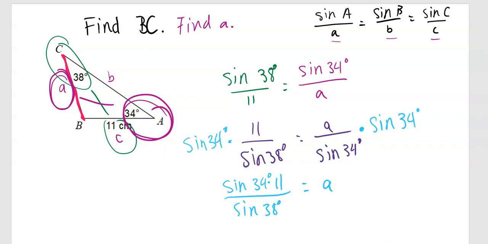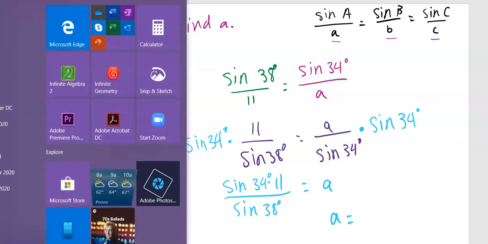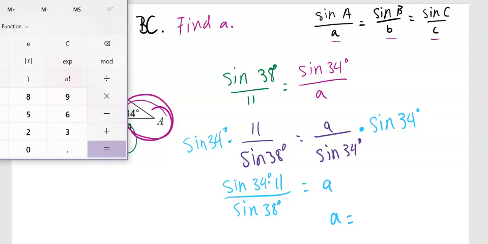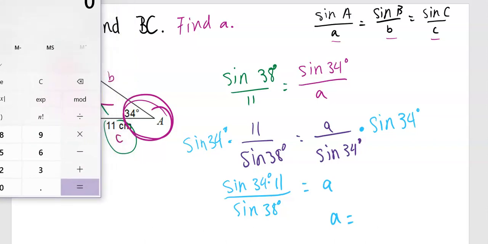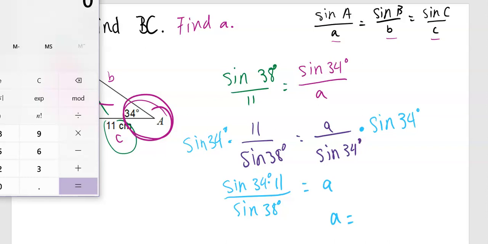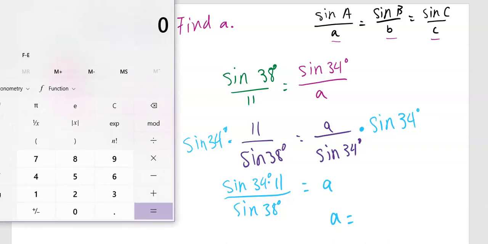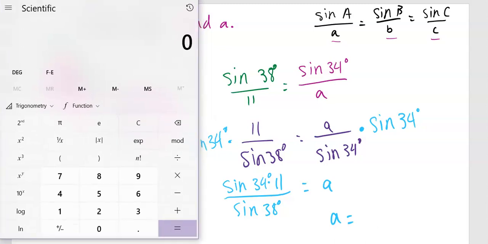And this whole thing I can type into my calculator really quickly. Let me do that super fast. I'm going to try and pull my calculator in here so that we can see what it looks like. I'm going to have to work a little bit backwards on this calculator because this one's temperamental. It doesn't do the same thing as my graphing calculator.